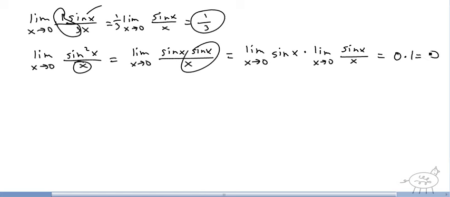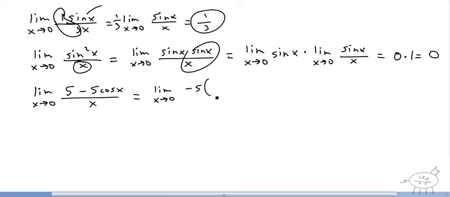All right. Let's do another example. Limit as x approaches 0 of 5 minus 5 cosine of x over x. Okay, again, you should think back with cosine, right? We had that nice one, cosine of x minus 1 over x. Well, it's not quite in that form, but what I can do is rewrite it. Limit as x approaches 0, and I'm going to turn it around and factor out a negative 5.